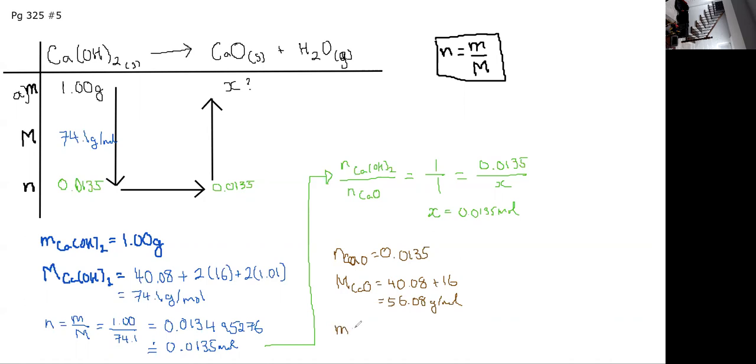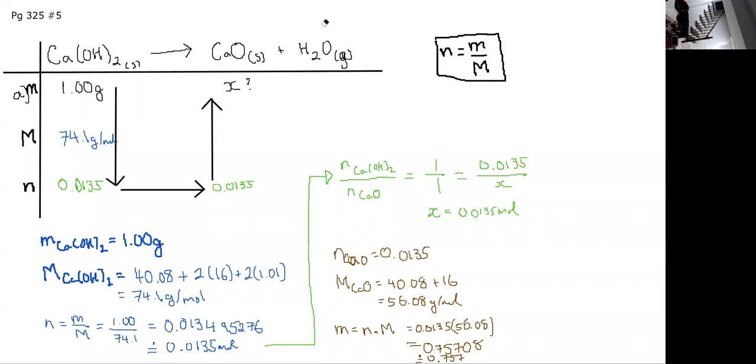So mass is going to be that top equation rearranged, which is 0.0135 multiplied by 56.08, which is 0.75708, which is approximately 0.757 grams.